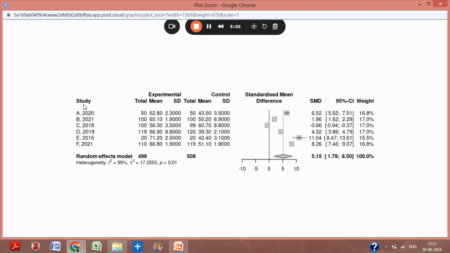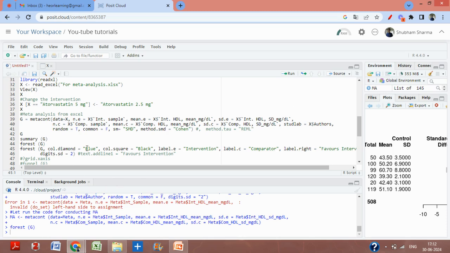First, we need to change the study. This SMD is perfect, 95 okay, weight okay, random effect yeah. And now we need to put something over here and we need to color these things. Okay, great.